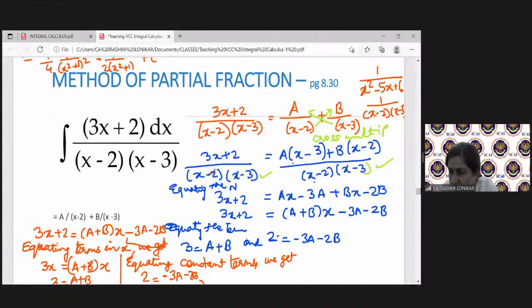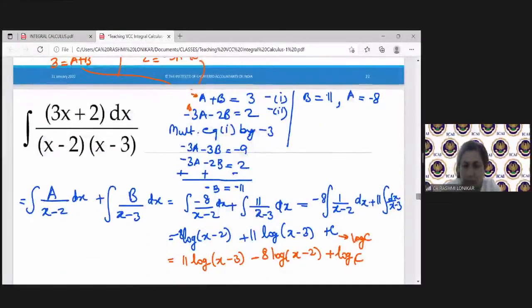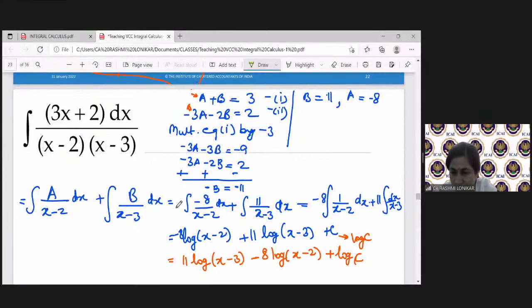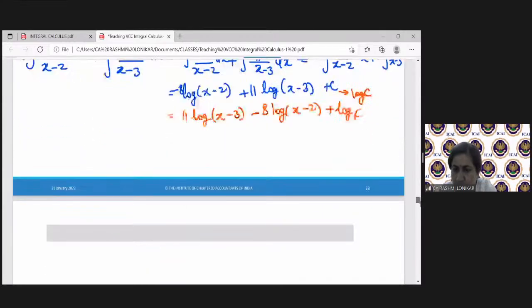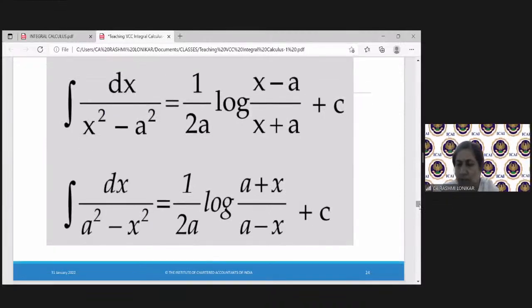Then I'm able to simplify the given equation 3x plus 2, this becomes equal to the integral of minus 8 upon x minus 2 dx plus 11 upon x minus 3 dx. Is that clear? And these are the formulas you were talking about, Chandan. So these are the formulas that we have. Sometimes you may have direct questions on this.